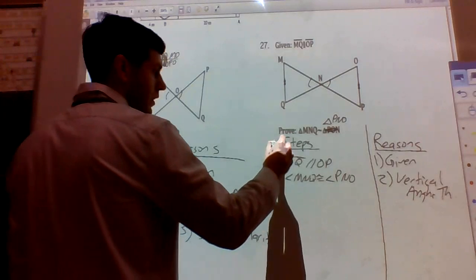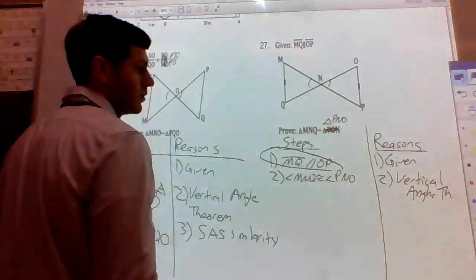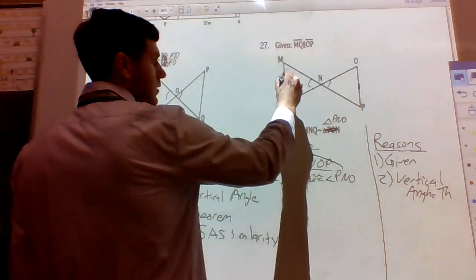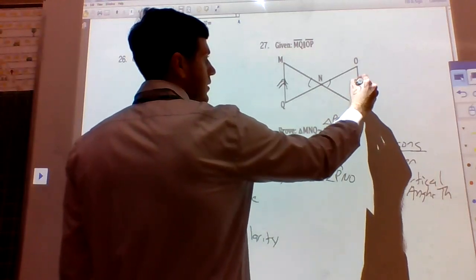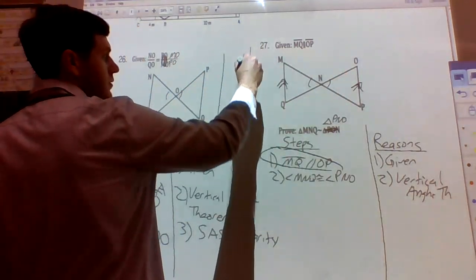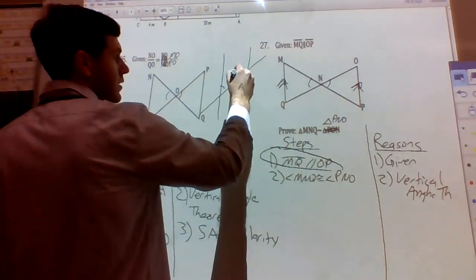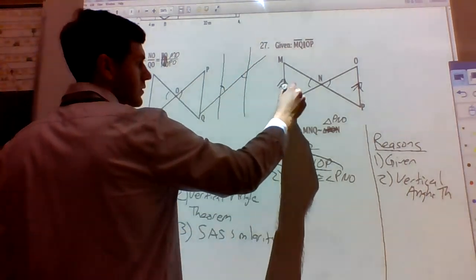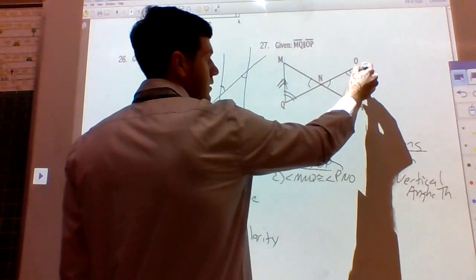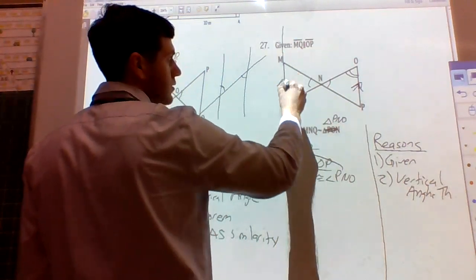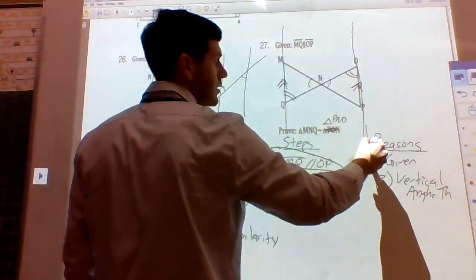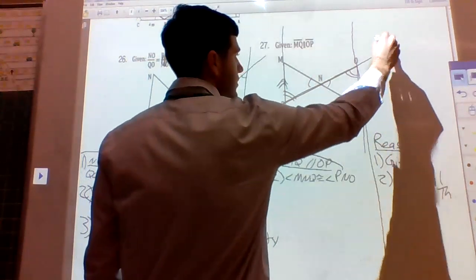Again, we want to use our given. So we were given parallel lines, right? When we have parallel lines intersected by a transversal, the alternate interior angles are going to be congruent. Okay, so here are the two lines. Here's our transversal.